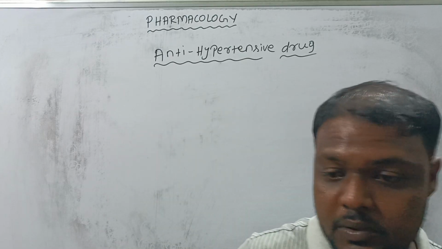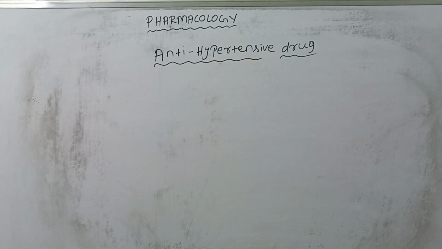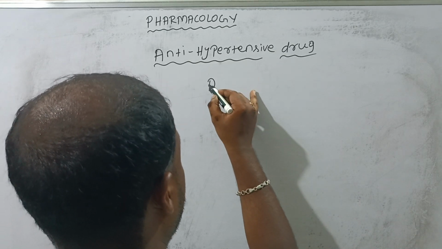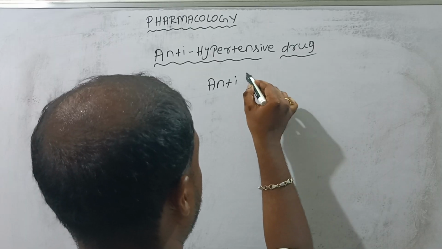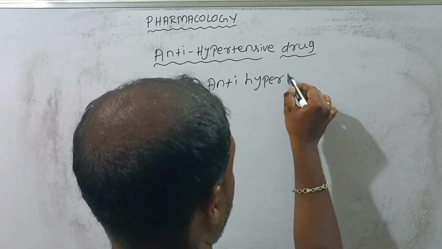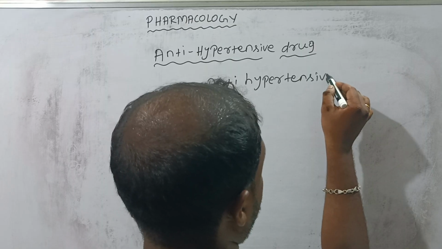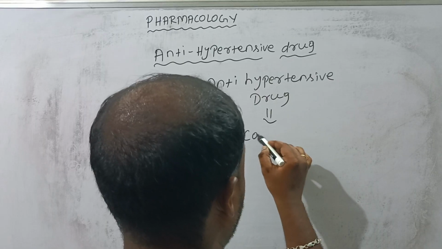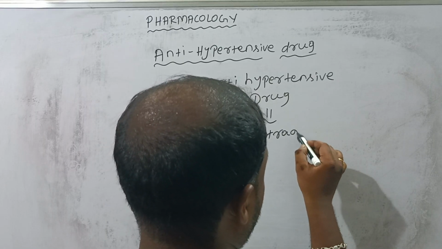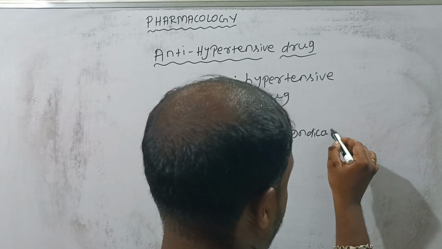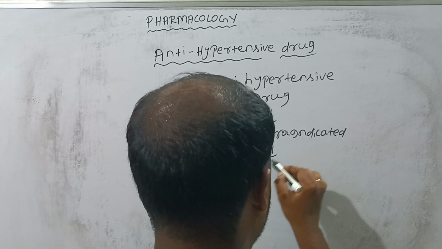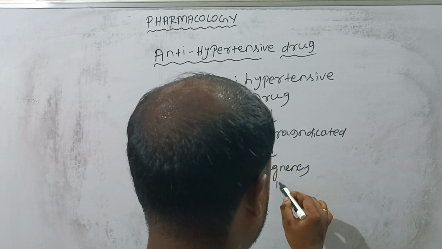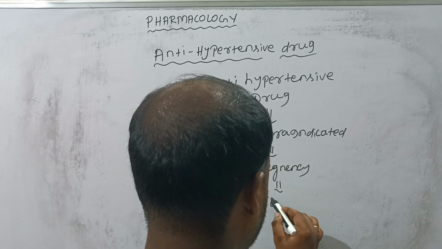Then remember one important point: the anti-hypertensive drug that is contraindicated in pregnancy is the ACE inhibitor.